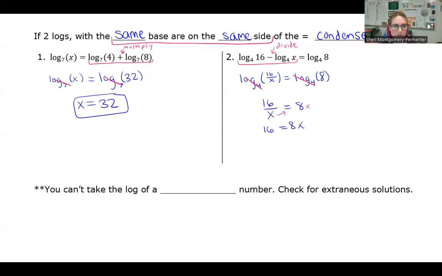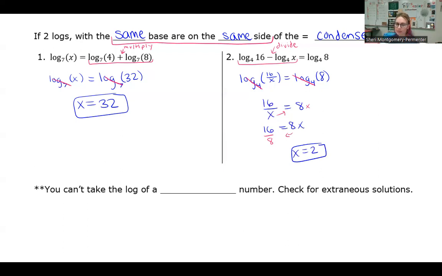So what do we do? Divide. So what is 16 divided by 8? Okay, not so bad. Whether we're multiplying or dividing, we can do it.